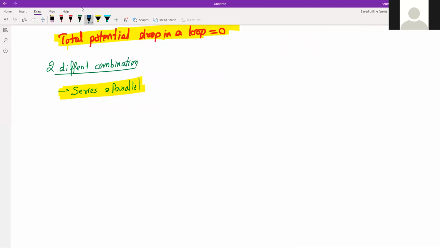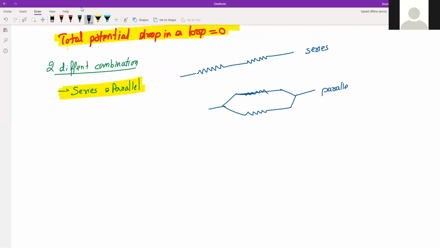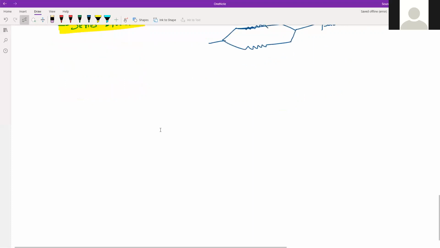In some books you will find definitions like, if there is end-to-end connection, then this is called series, and if two ends are connected together, that is called parallel. For simple circuits it is okay, but if the complexity increases, this is a little difficult and will not always give us the correct answer.